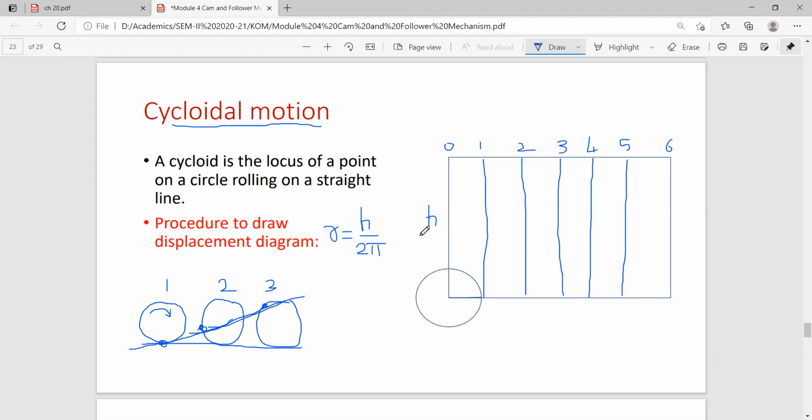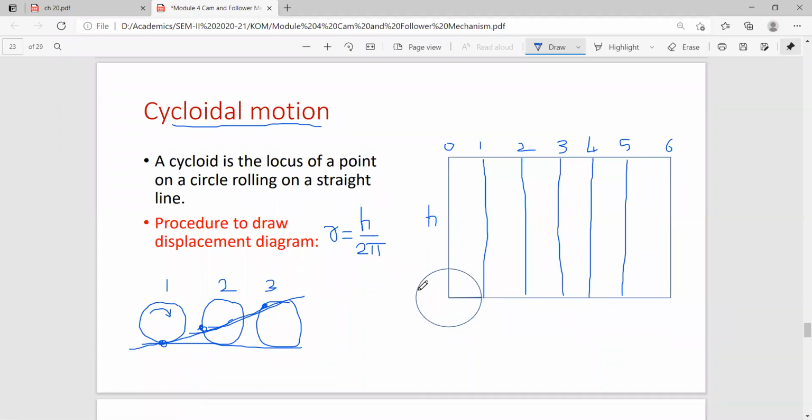So h will become equal to 2 pi r, that is the circumference of the circle. When it rolls like this, its complete periphery will be laid out along the line. This height will be covered. So the radius of this circle should be h upon 2 pi. H upon 2 pi. Remember this.